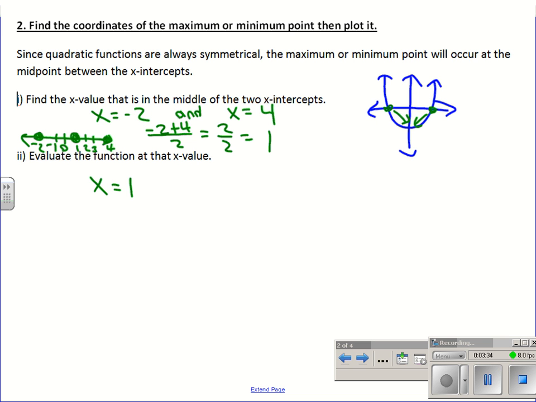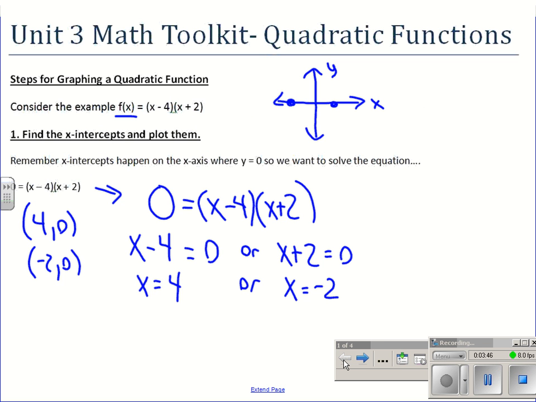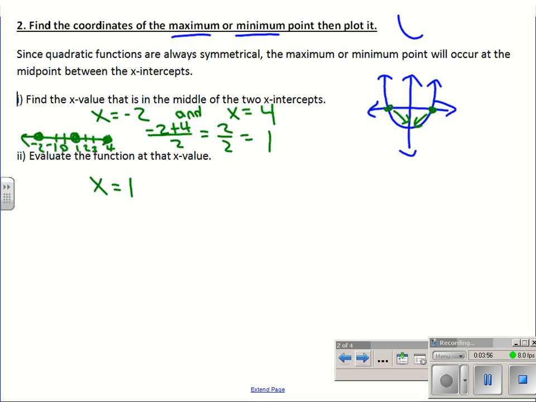Now, in order to determine whether it's a maximum or a minimum, we have to look at the constant term out front of the function. So in this function, it's f of x equals positive 1 times (x minus 4) times (x plus 2). We just don't write the 1. So that means that this graph opens up. If it was a negative number, it would open down like that. But since it's positive and it opens up, we're looking for a minimum point. So we're going to be finding a minimum here.